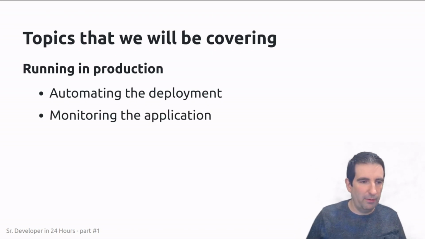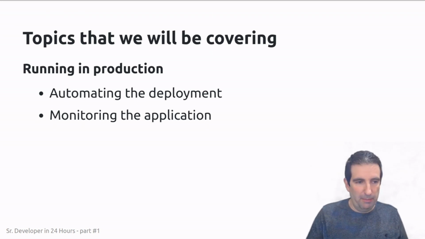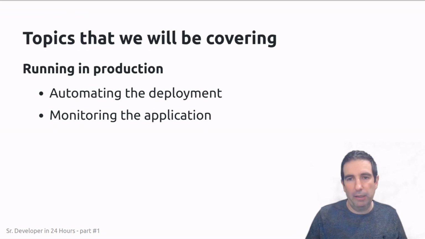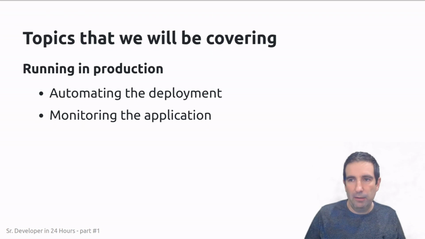How can we set up monitoring for the application once it's in production? These are some topics that have a lot of overlap with what the operations team, DevOps, or SRE does, but we want to provide the perspective from the software development side to make sure that we make it as easy as possible to have good quality monitoring for our application.